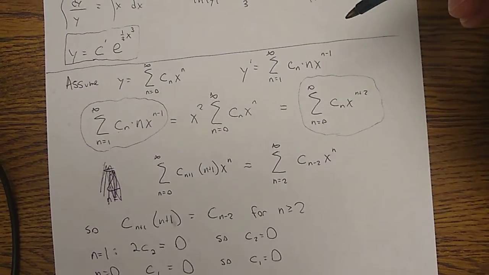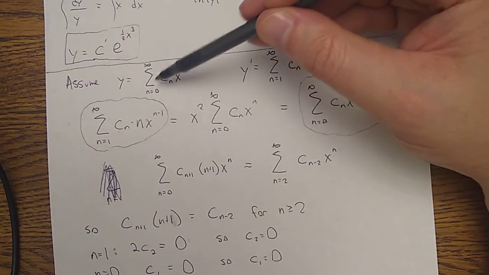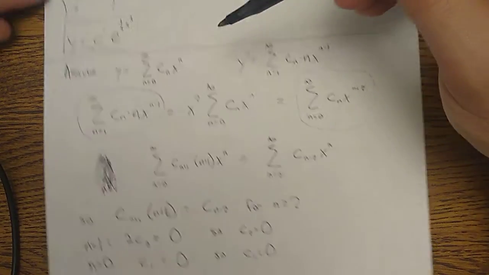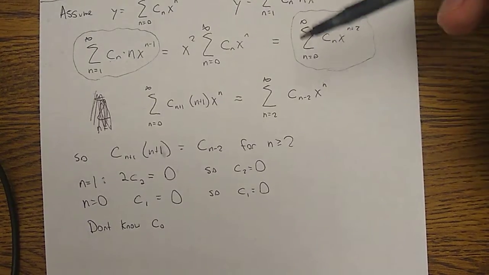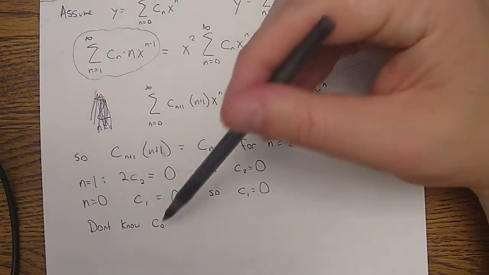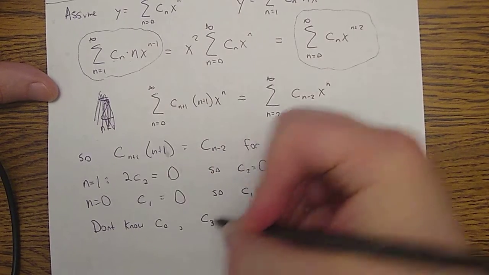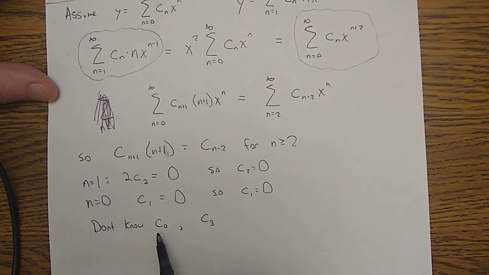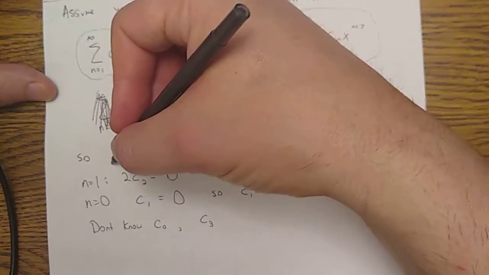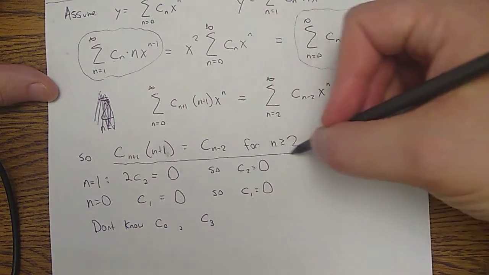I also don't know what C0 is. I forgot this starts at 0. The first coefficient is C0, so that's the first one that we don't know. I think we can figure out C3 in terms of C0, though, using this rule.